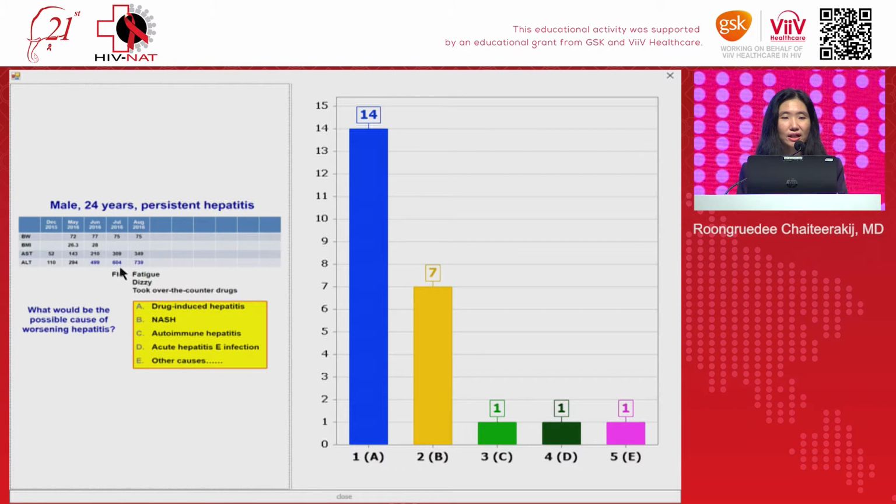In this patient, the level of ALT is more than 10 times. He may have NASH, but it is not the single cause of the ALT elevation at this point. But this could be drug-induced hepatitis.